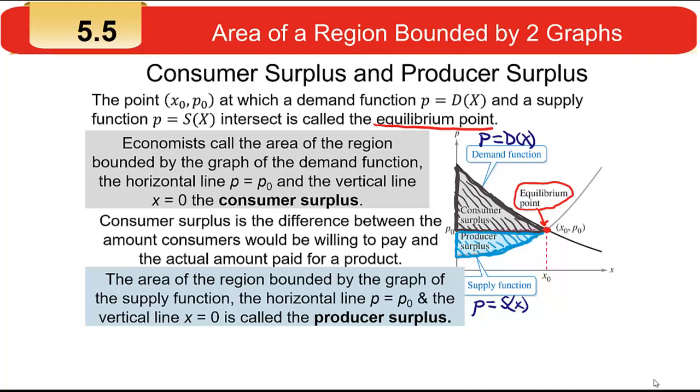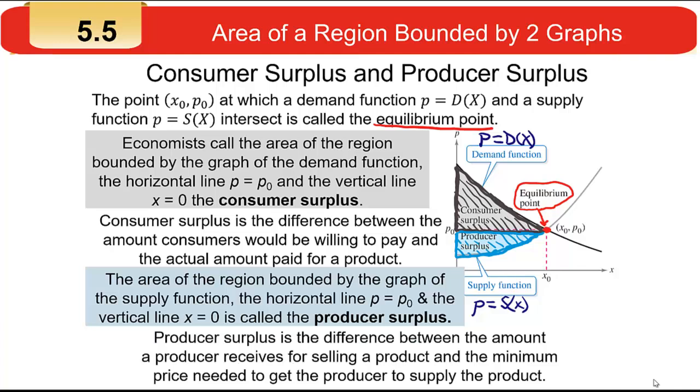And that's the region I've filled in below there. Producer surplus is the difference between the amount a producer receives for selling a product and the minimum price needed to get the producer to supply the product.